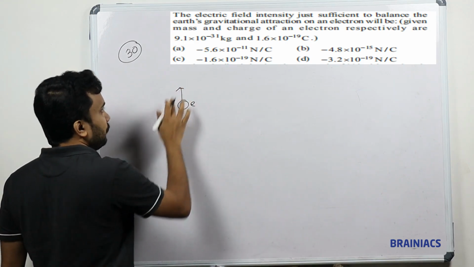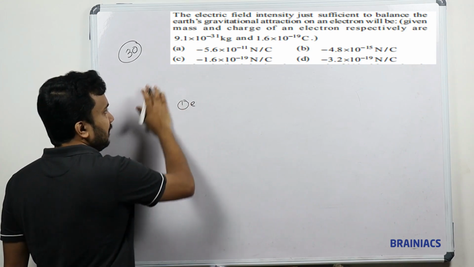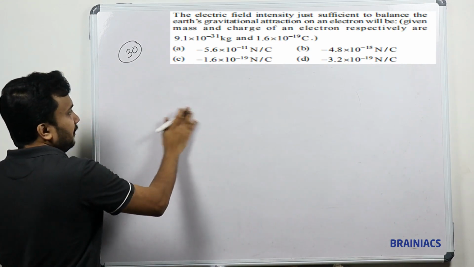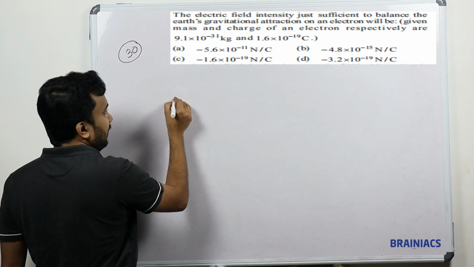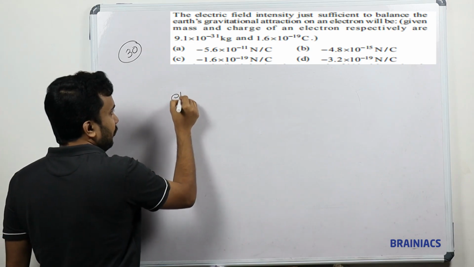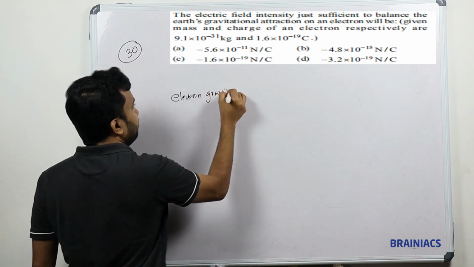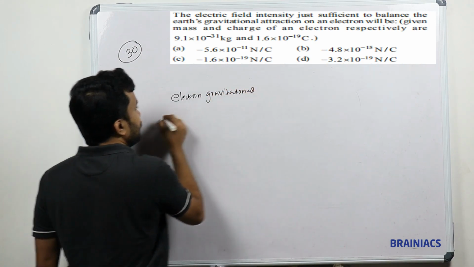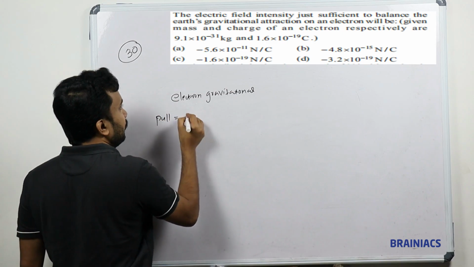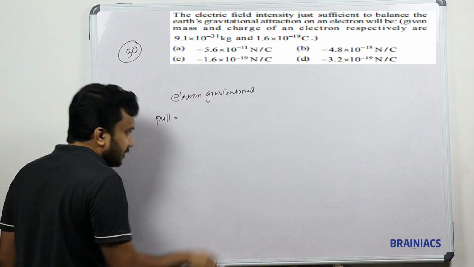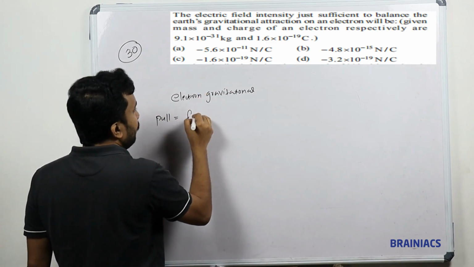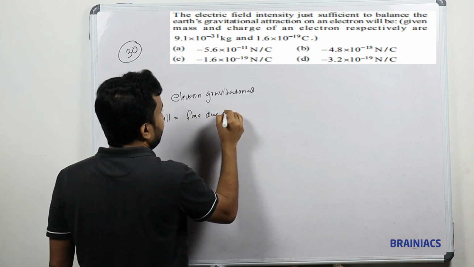The electron's gravitational pull is equal to the force due to the electric field.